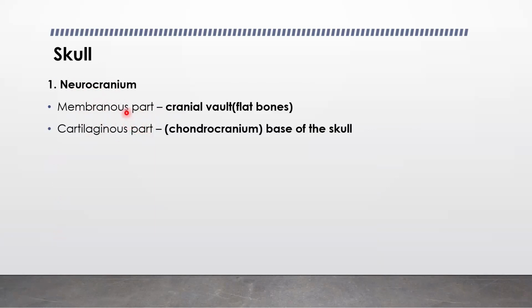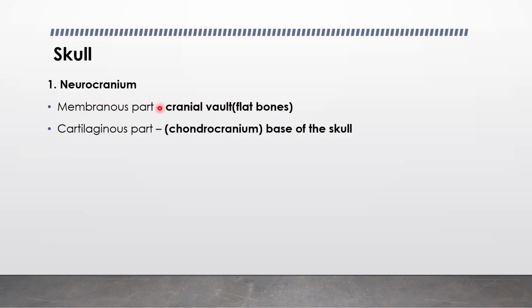So when you talk about the membranous part, you're talking about that part of the neurocranium that is formed by intramembranous ossification. The cartilaginous part is developed from endochondral ossification. So for membranous parts, ideally, those are the flat bones of the skull. So talk about the parietal bone, the frontal bone, the temporal bones, the occipital bones.